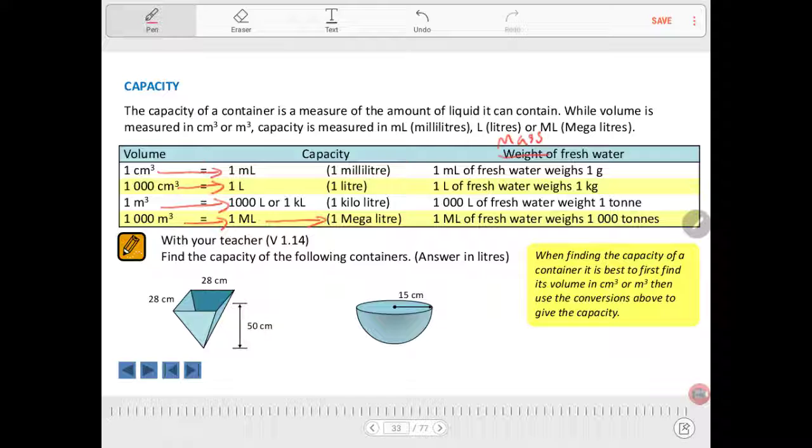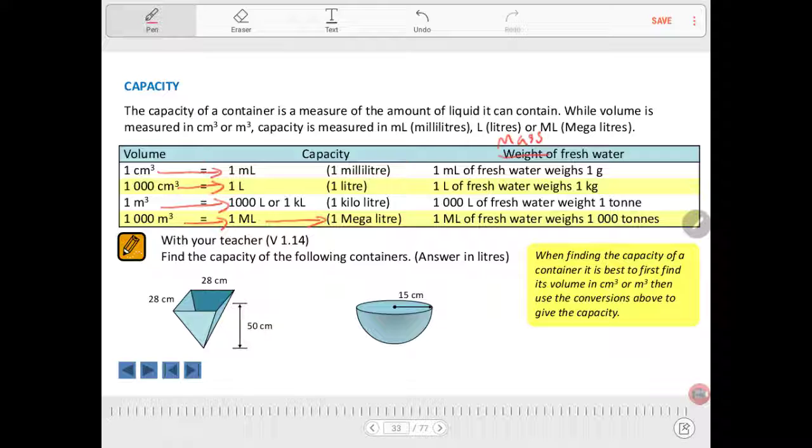So if you have a litre of water, it weighs 1 kilogram, and a litre of milk will weigh about 1 kilogram too. So you could weigh a litre of milk in a carton at home and it would be close to a kilogram. It would be slightly different. See if you can figure out why that is. I'll leave that one with you.